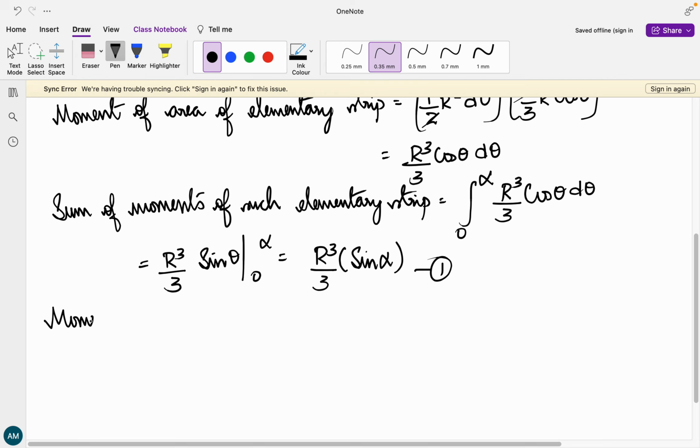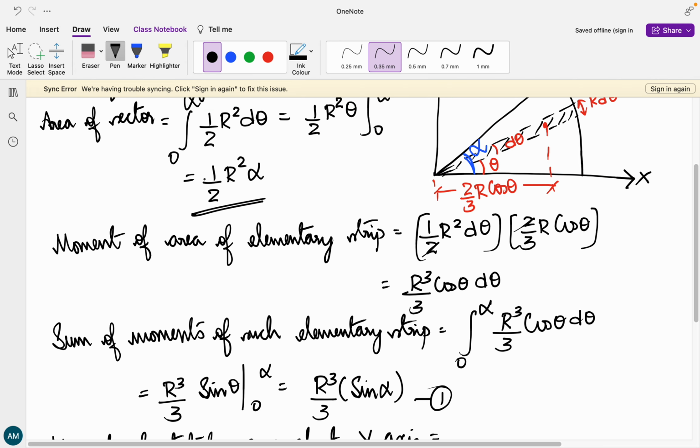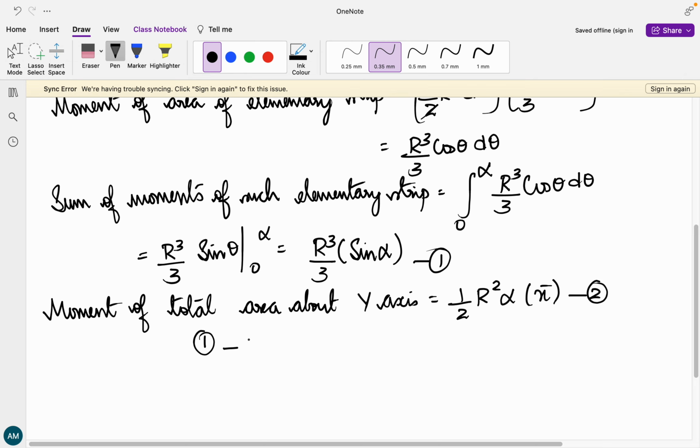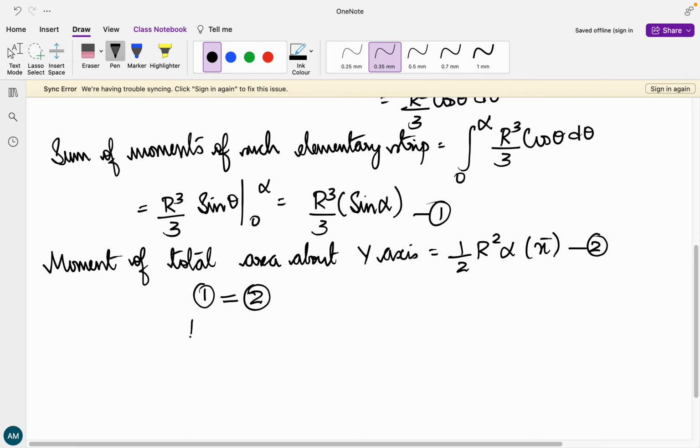Then it is the moment of total area about the y-axis. What is the total area? We have found it out: half into r square alpha. Half r square alpha into x bar. Call this equation 2. As per the principle of moments, or Varignon's theorem of moments, we can equate both the equations.